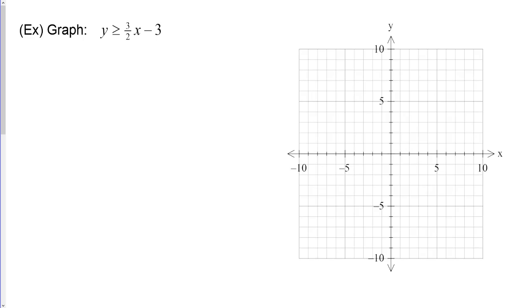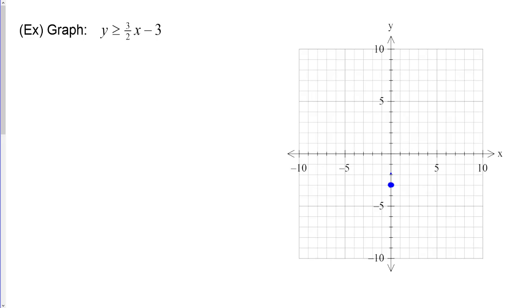So let's graph the solution to y is greater than or equal to 3/2 x minus 3. The first thing that I'm going to do is graph it as if it were an equation, but in this case I will use a solid line because it's y is greater than or equal to. So the y-intercept is -3, so that's located right there, and I have a slope of 3/2.